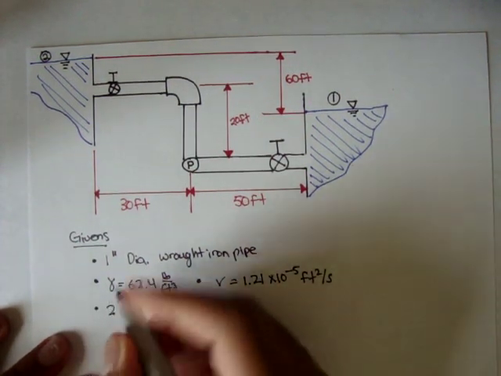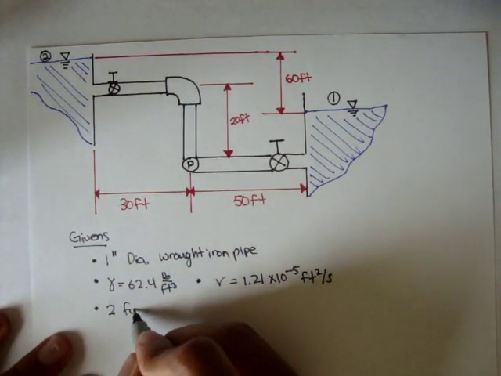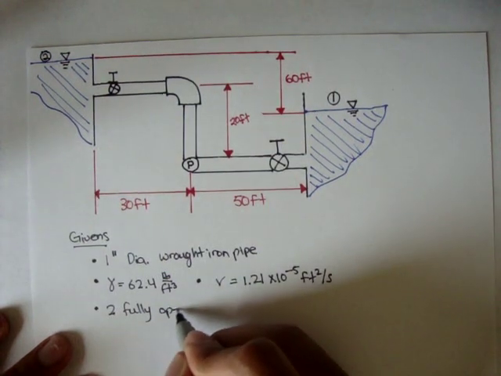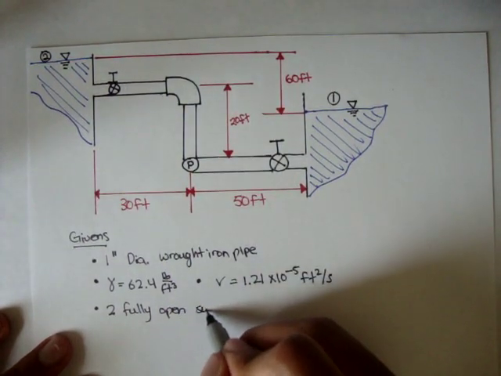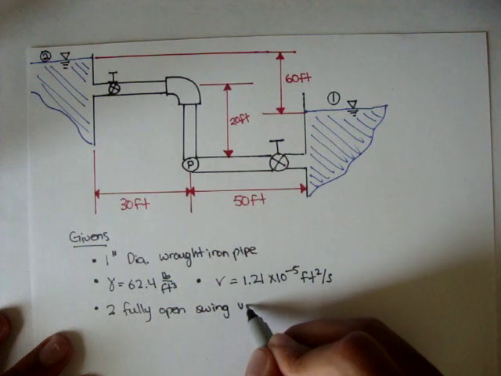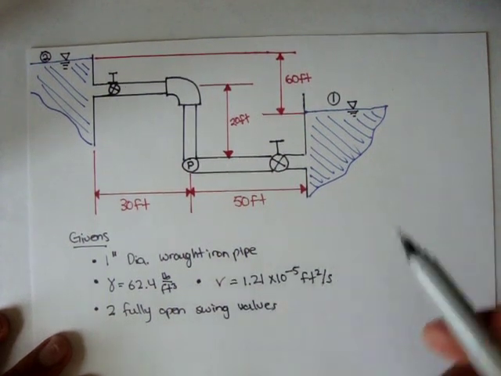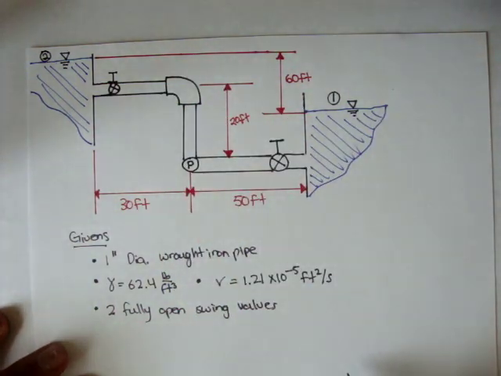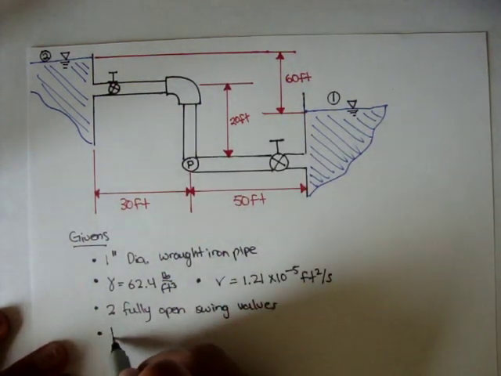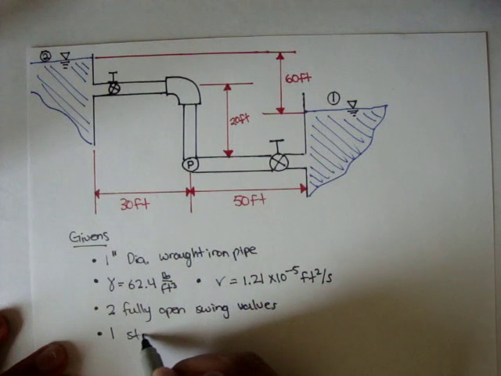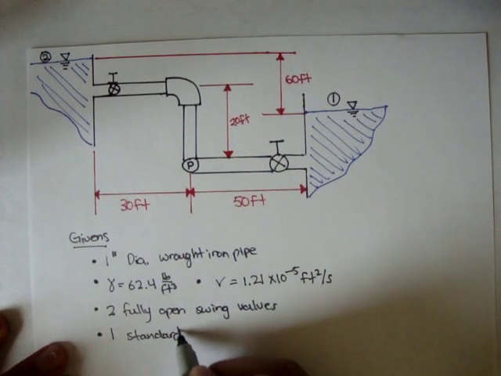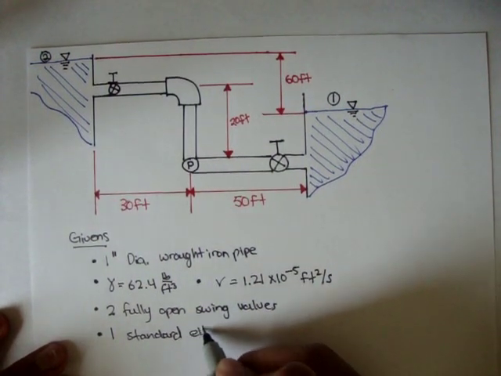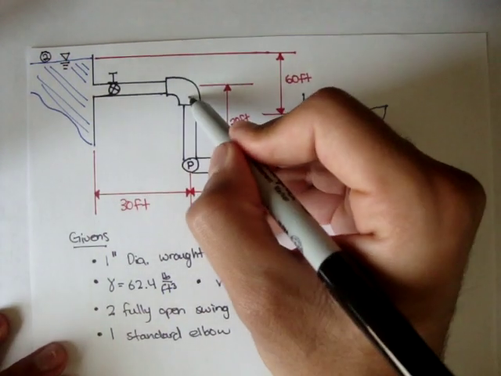There's two fully open swing check valves. I'll just call it valves. Swing check valve, so it's this valve right here and this valve up here. And then there's one standard threaded elbow, which is this elbow right here.